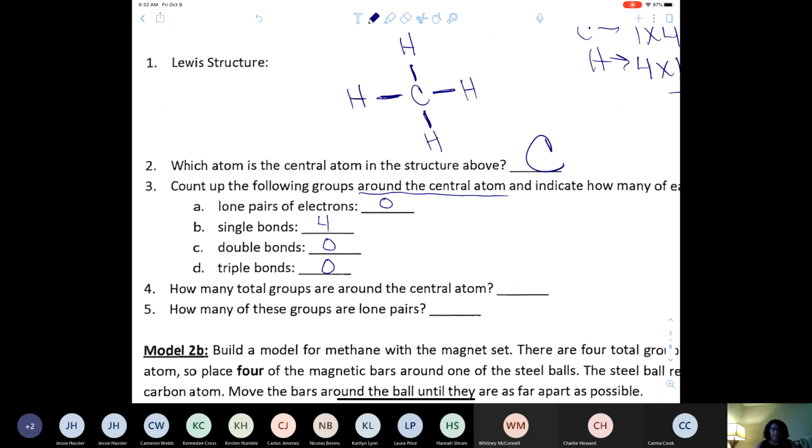And so if we take a look at question 4, which asks us how many total groups are around the central atom, meaning how many total electron groups are around the central atom, what would your answer be?